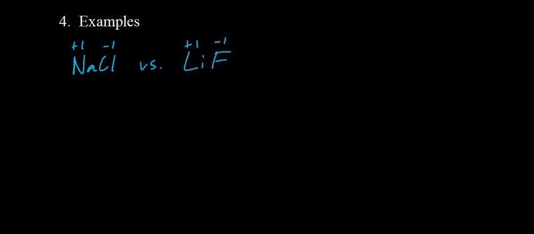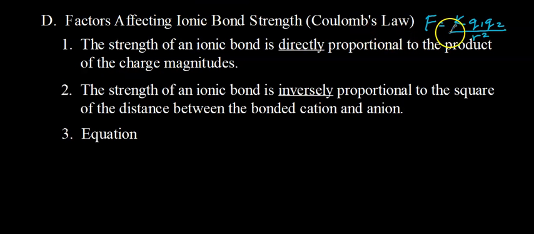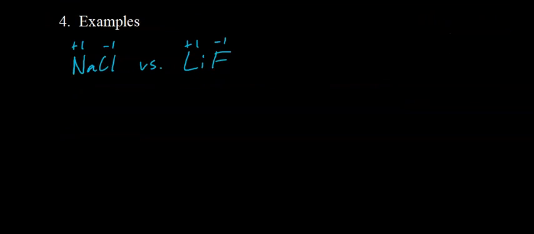Going back to Coulomb's law, as r goes up, the distance between the ions, so the bigger the ions, the greater the distance between them, the weaker the attractive forces. So the ionic bonding in lithium fluoride is going to be stronger than in sodium chloride because both the lithium ion and fluoride ion are smaller than the sodium ion and chloride ion.